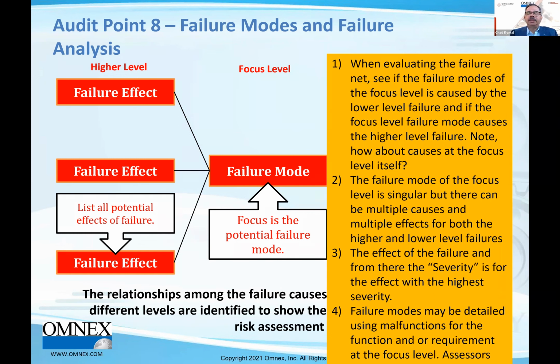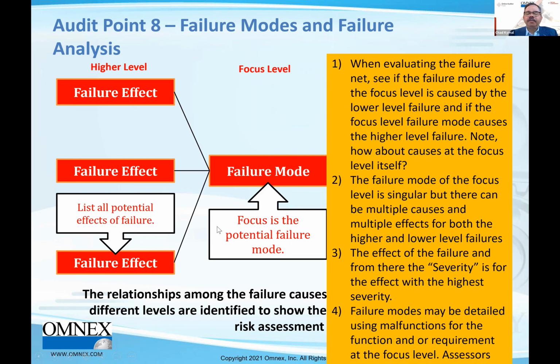Look at that linkage. And also look at the causes at the focus level itself. The failure mode of the focus level is singular, there's one, but there's a one to many here, one to many here, okay? There can be multiple effects on both sides.